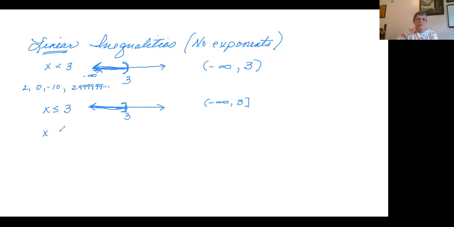The other possible versions would be x is greater than 3, where x could be any number above 3, but not 3 itself.